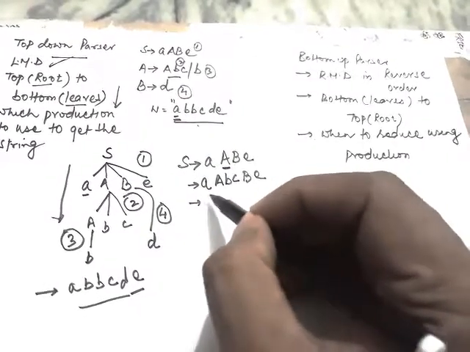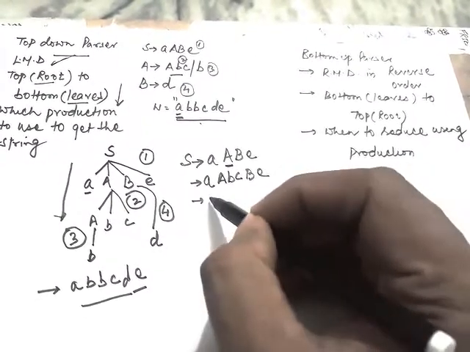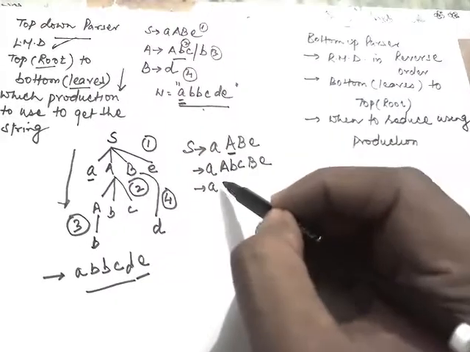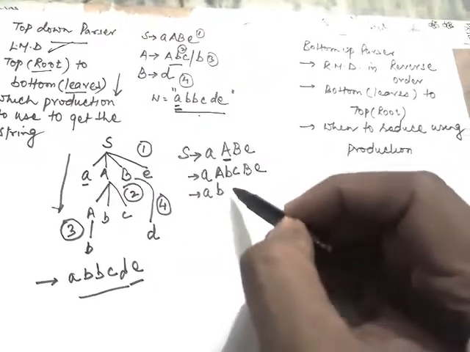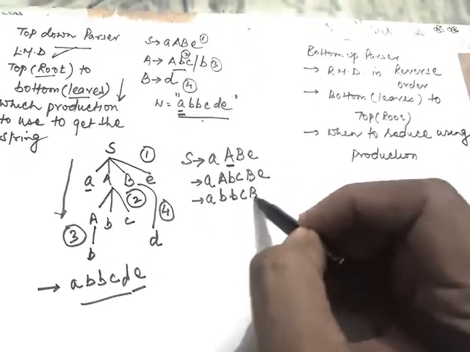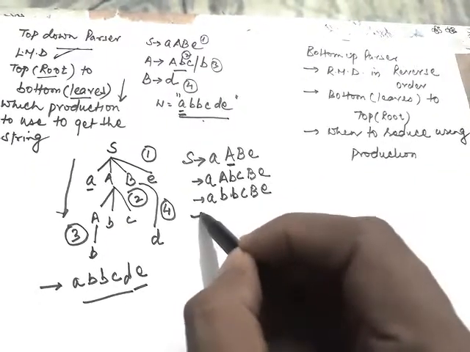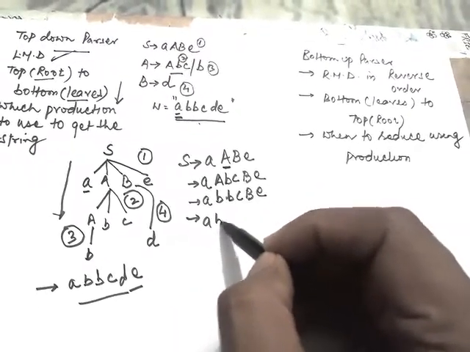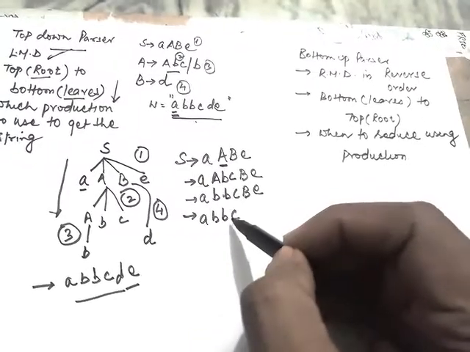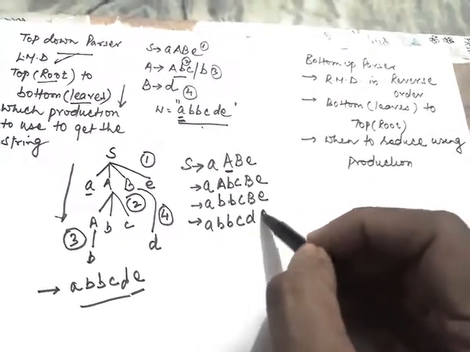If you go from left to right, A is okay. Then instead of this A, you have used B, and in the last one you get A, B, B, C, D, E.